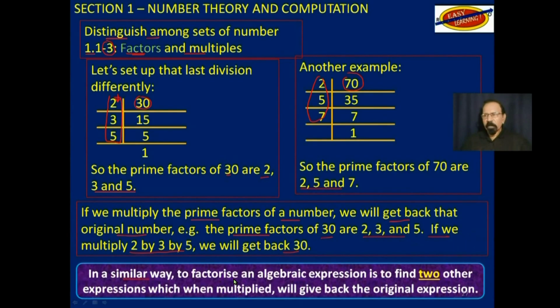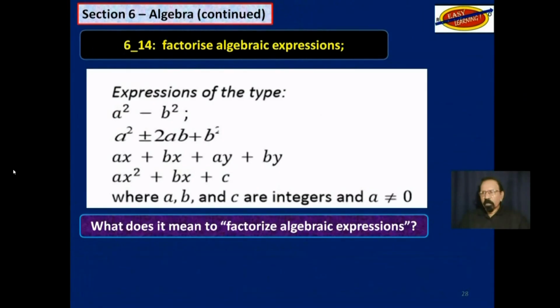In a similar way, to factorize an algebraic expression is to find, generally, 2 other expressions, which when multiplied, will give back the original expression. So what does it mean to factorize algebraic expressions?